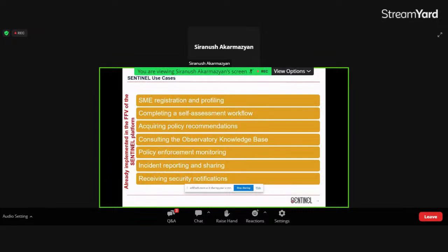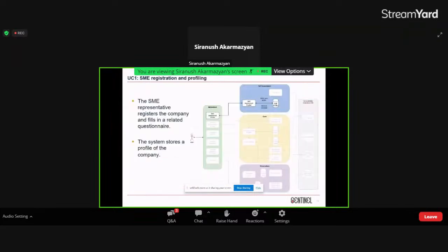Furthermore, based on this workflow, they receive policy recommendations, and they can also consult the observatory knowledge base. A next use case is that, based on all this information and the recommendations, they can do policy performance monitoring. In the meanwhile, they can do incident reporting and sharing, and also receive security notifications.